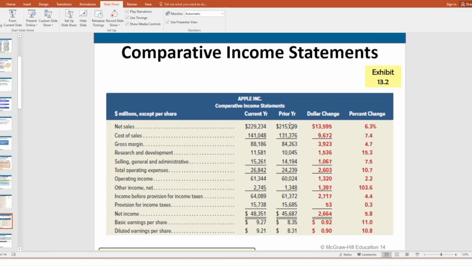But what percent did it go up? It's a 6.3% increase over last year. So the percent change is the dollar change divided by the base year, the initial year, not the current year. So remember that, that'll trip you up for sure.